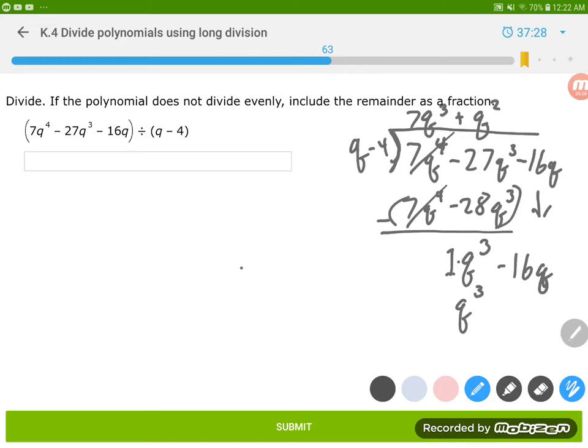And q squared times negative 4 is going to be negative 4q squared. So I'll go ahead and subtract these, but realize that when I do that, these will cancel, but these are not like terms. They will just make a negative 4q squared minus 16q.